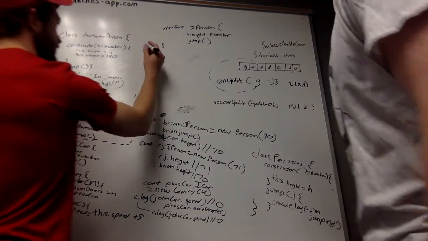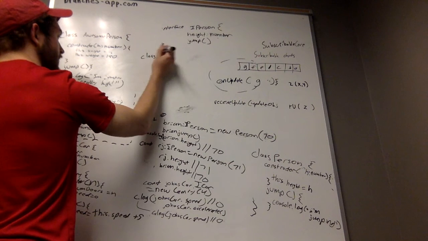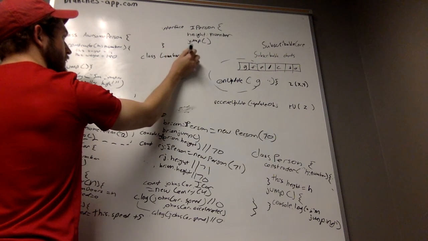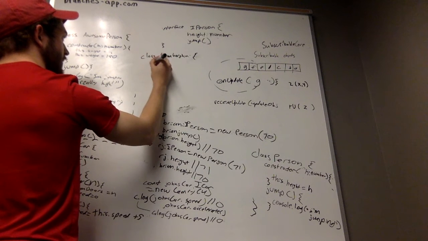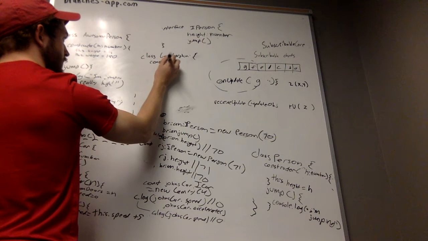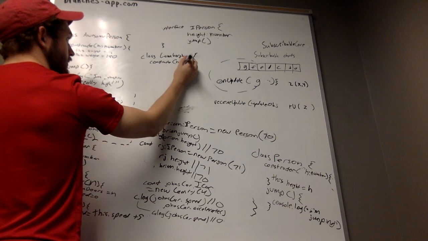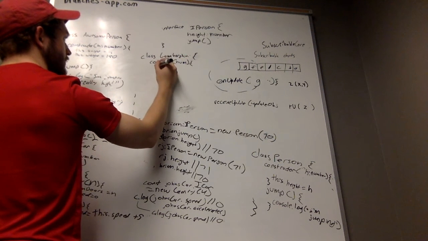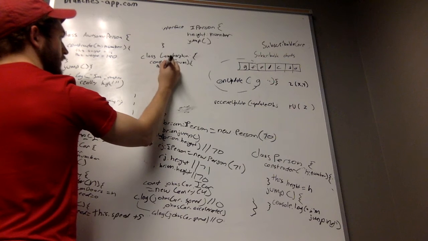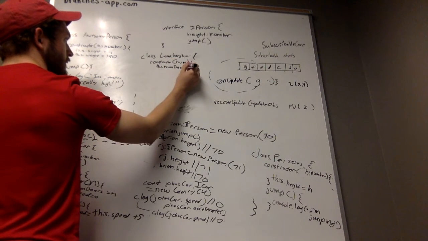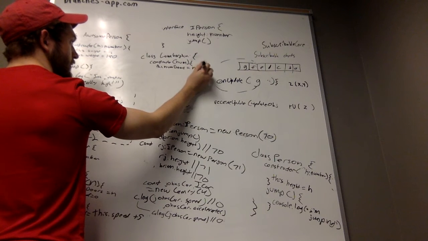Let's do another example. We'll say class Lamborghini. It's going to have a constructor. It's going to have numDoors. So we're going to say this.numDoors equals num.